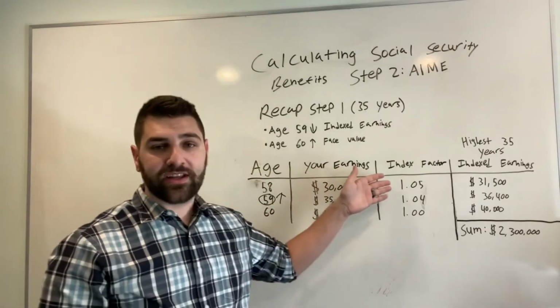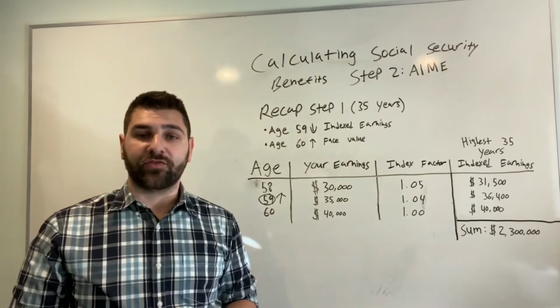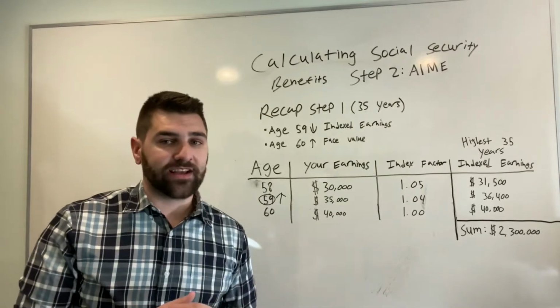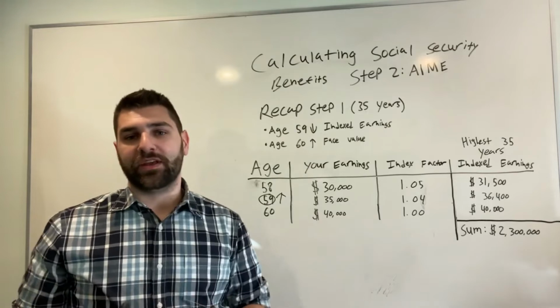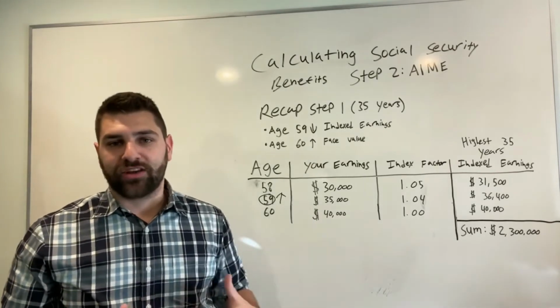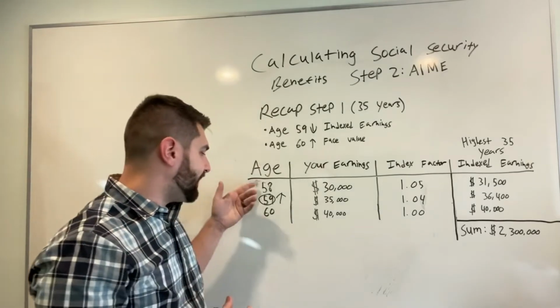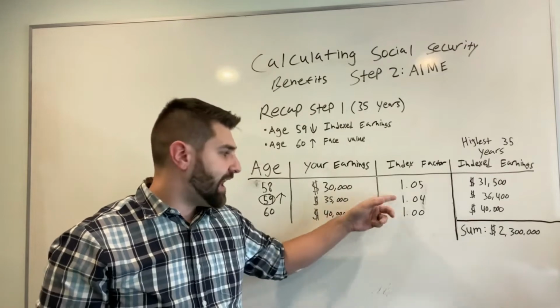Now, once you put in the indexing factor for those specific years, again, if you missed the first video, go back and you'll understand what indexing means and really get an understanding of what the difference is based on your age and the year you were born, and how the indexing factors will change. But for this particular case, for age 58 and 59, the indexing factor would be 1.05 and 1.04.